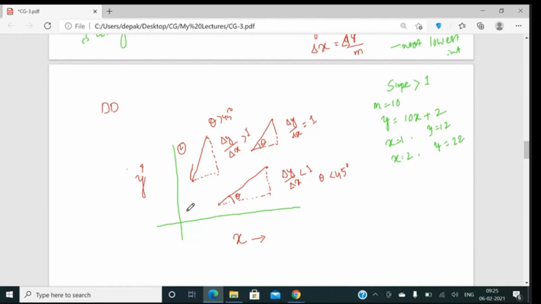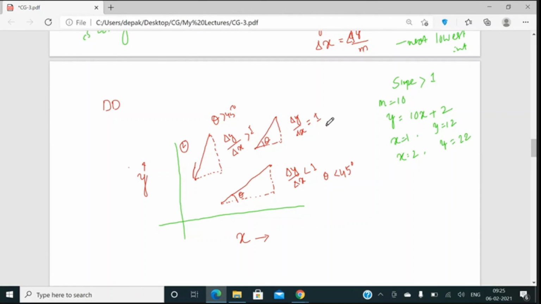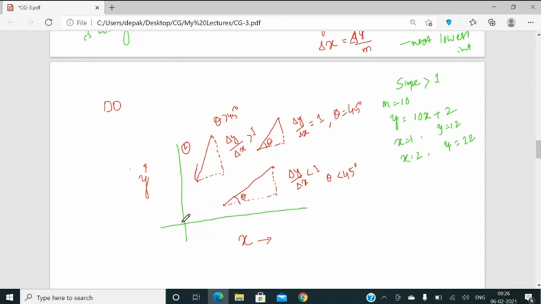If you draw a line from here to here, of course in this case my theta will be 45 degrees. What we are considering right now is the lines only in the first quadrant, but lines can be seen in any of the 4 quadrants, which we'll see in the algorithm also, right? We'll first see the conditions in the first quadrant, then accordingly we will see for the other quadrants, right?